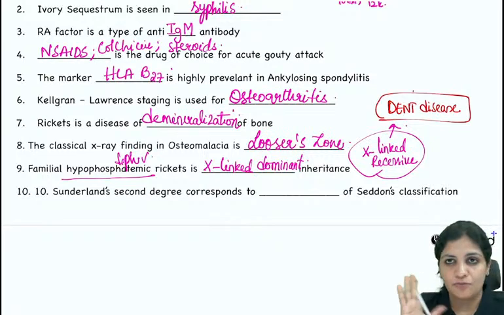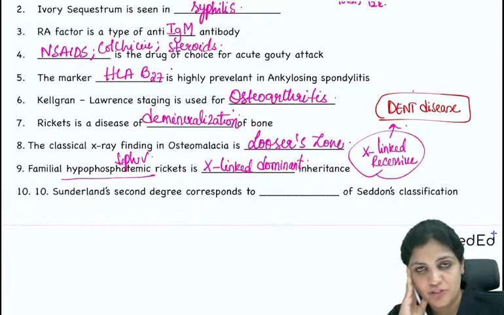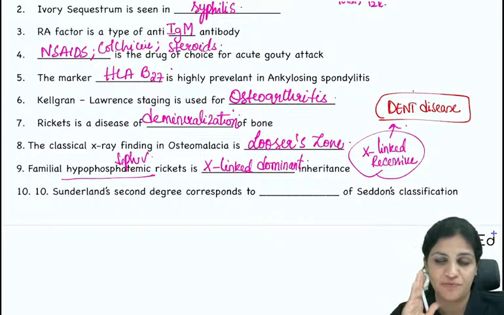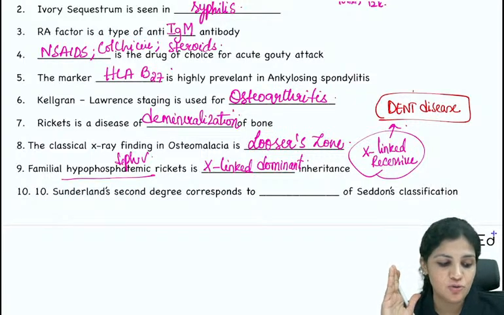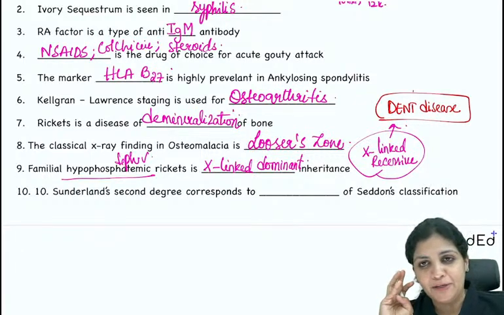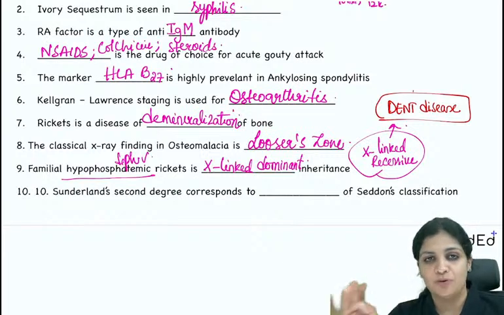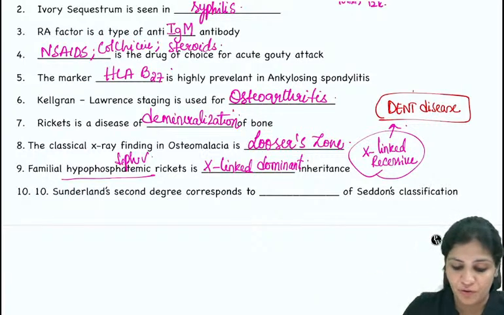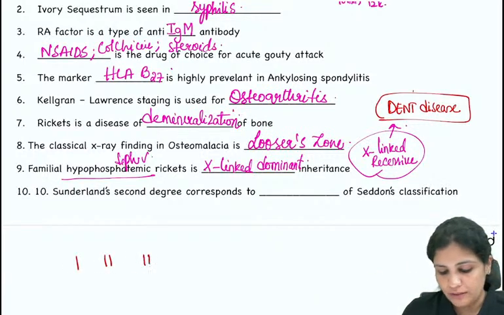Okay, now next, Sunderland second degree corresponds to which of Seddon's classification? In nerve injuries, there are two classifications, Sunderland's and Seddon's. Seddon's is divided into neuropraxia, axonotmesis, and neurotmesis. Sunderland's is given as 5 grades: 1, 2, 3, 4, and 5.